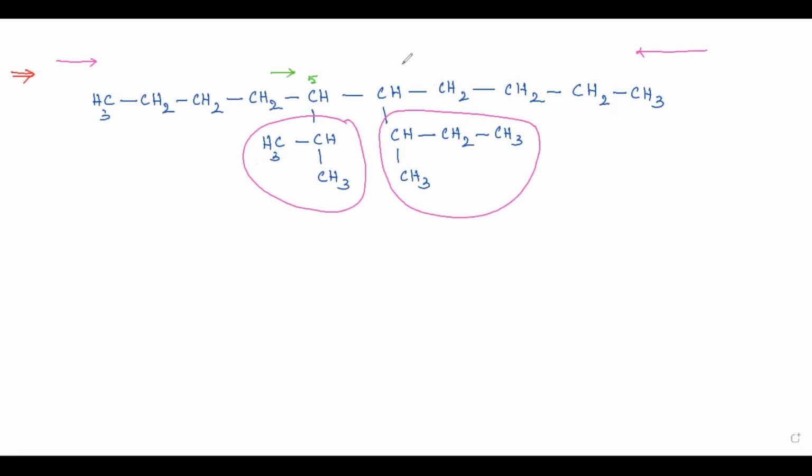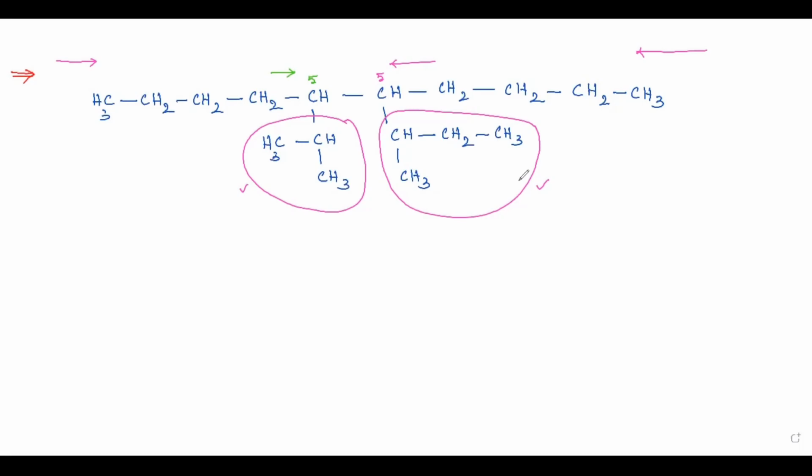And if you give numbers from this end, this carbon will get fifth number. Means there is competition between these two. Competition in the sense occupying the same position from the two ends of the carbon chain. If two things occupy the same position, we say that they are having competition.